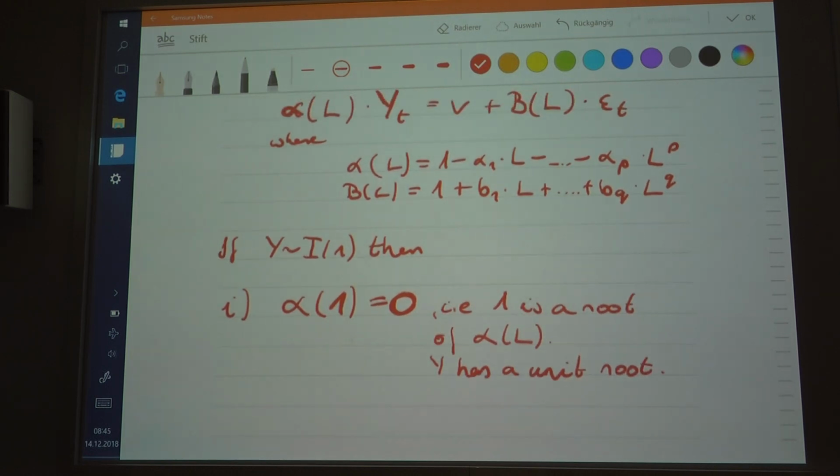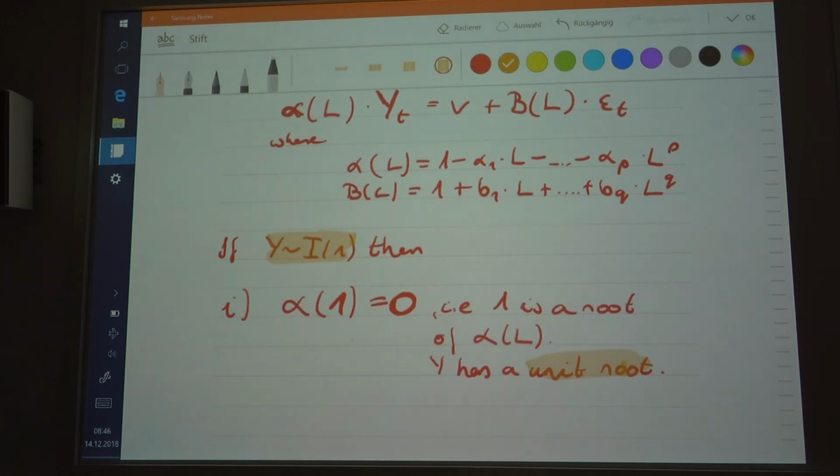So this is how we say it. We use the expressions unit root and integrated of order 1 synonymously. So if you say the process has a unit root, then it means that it is integrated of order 1. Again, maybe remember, for an ARMA process the roots have to be less than 1.